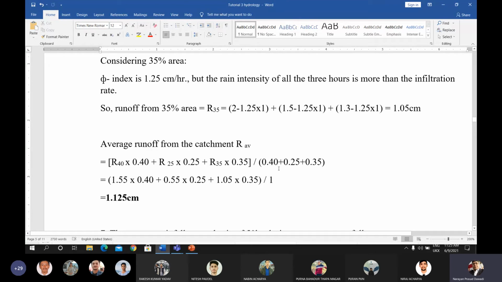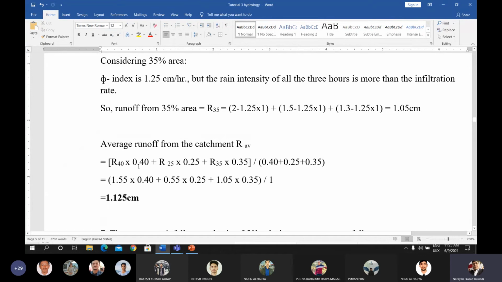That is R for the 40% area, the 25% area, and the 35% area. If I consider 100 as the total, then the 40% area will be 1 into 0.4, which gives the value of 0.40.